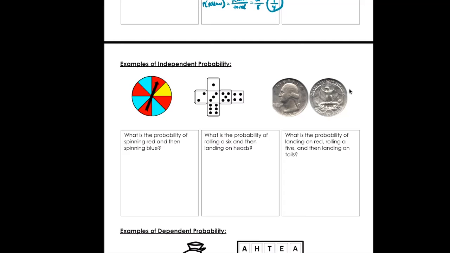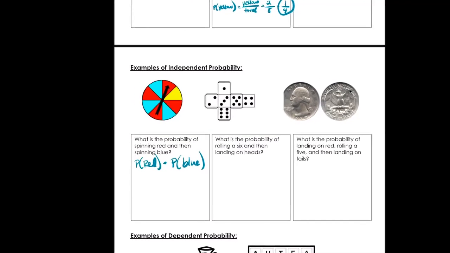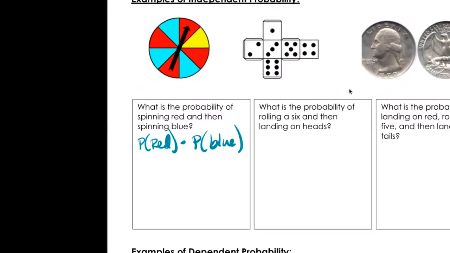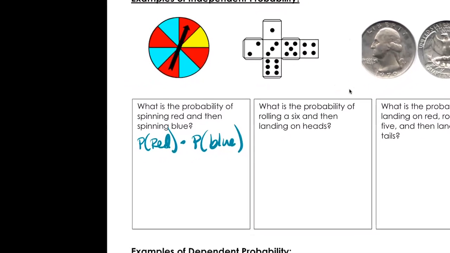So the first one, what is the probability of spinning red and then spinning blue? So we're going to have probability of red times probability of blue. When you're finding 2 events, the probability of them, you multiply them together. So probability of red, there are 1, 2, 3, 4 red sections on this spinner, and there's 8 sections altogether.